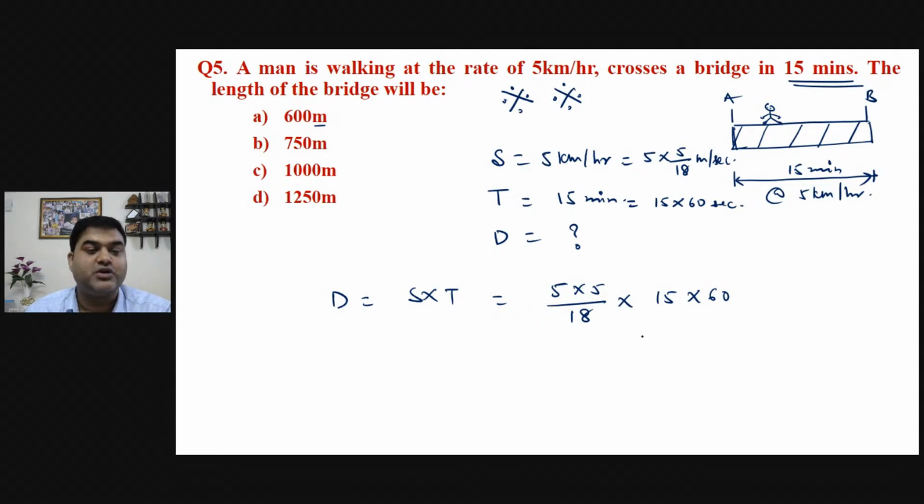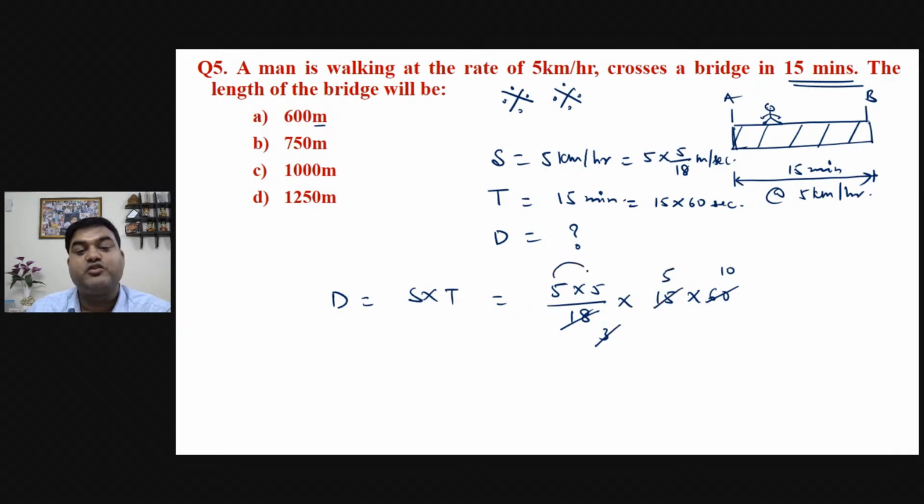Find the answer. If you try to do this, 6 3s are 18, 6 10s are 60, and this goes 5 times.